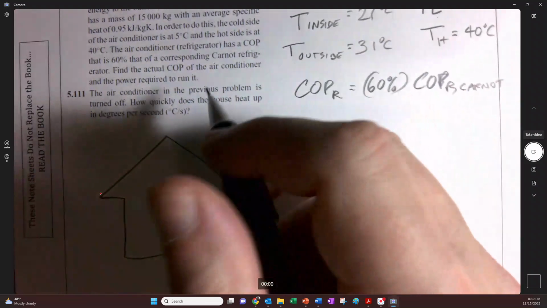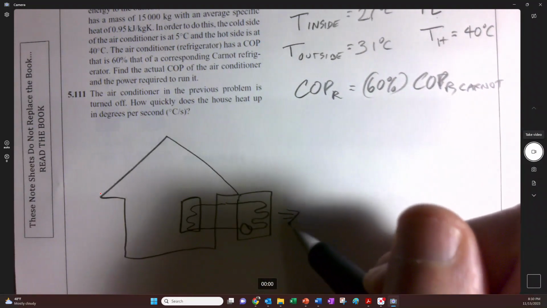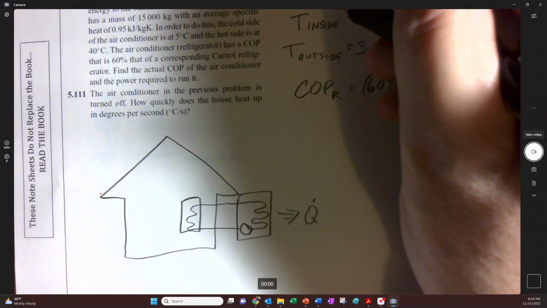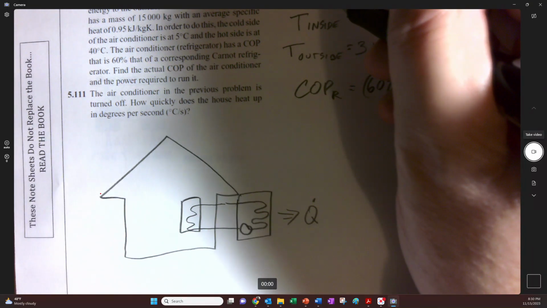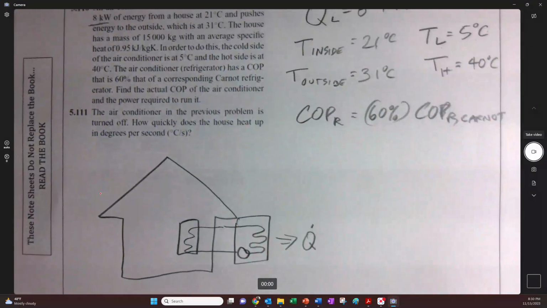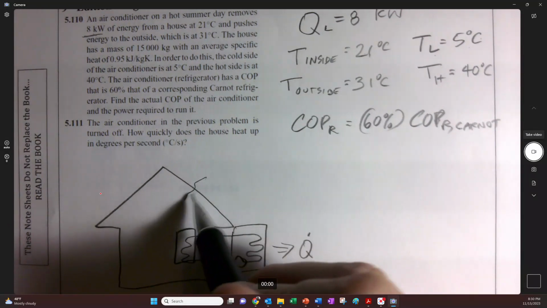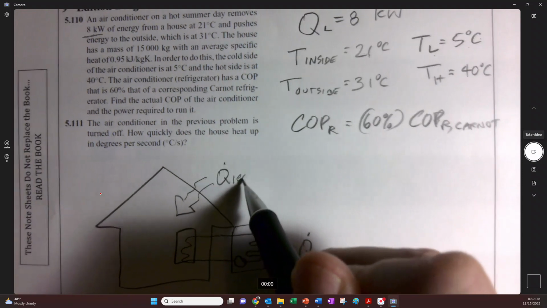Anyway, basically, if this thing's expelling heat out, this Q dot out, that's the QL. If this thing is in equilibrium, the same amount of heat is leaking in. I like to call that the leak.